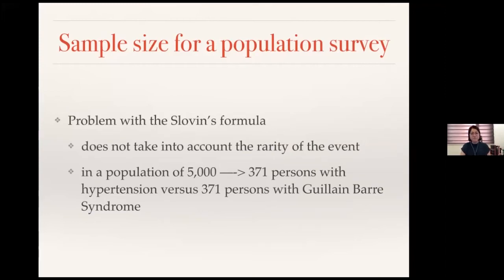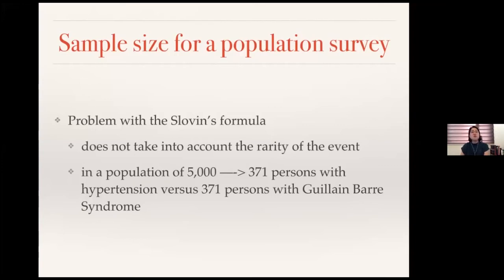week's time. Right? Whereas if one of you was assigned to do, let's say, quality of life among people with Guillain-Barré syndrome, and we know that Guillain-Barré syndrome has only about 0.4% prevalence, and with Slovin's formula it also computes to 371 persons.